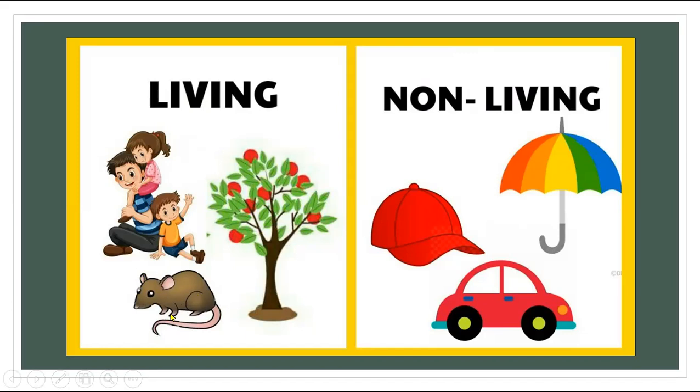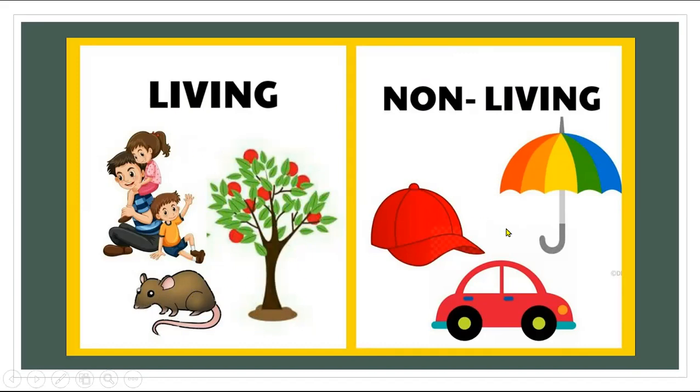And here is the animal, mouse, rat. So this rat needs to grow, right? So how can it grow? It needs food, water, fresh air, and they move. So they are living things.